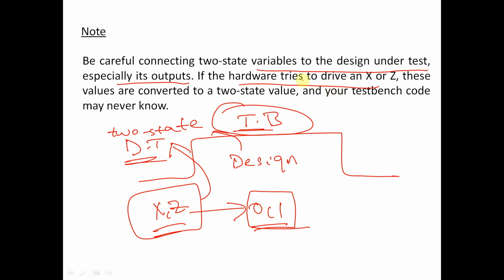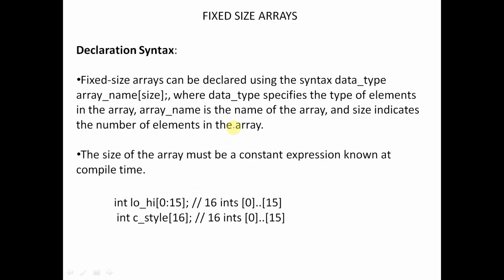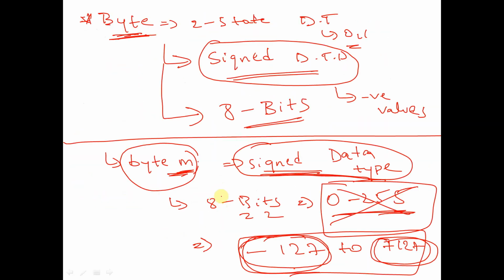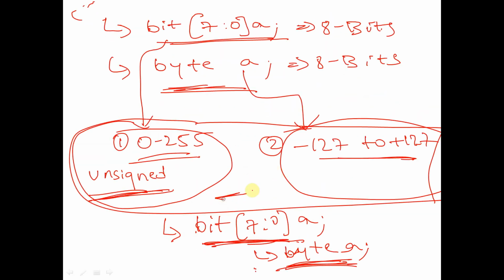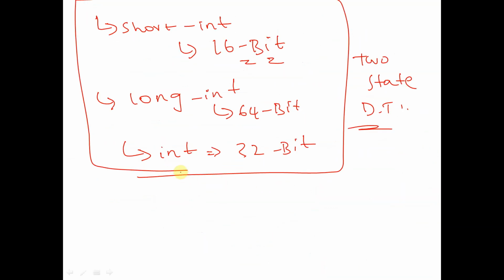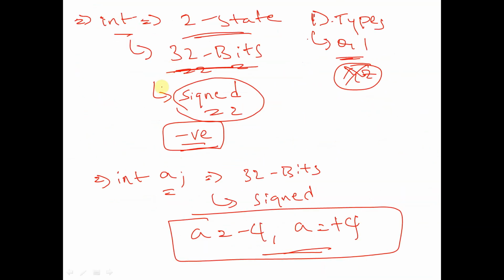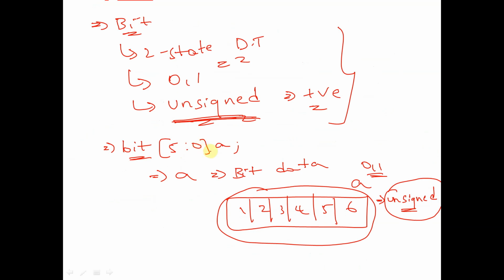So we should be careful when we are collecting outputs from our design into these two-state data types. So these are about the two-state data types in SystemVerilog. Remember these points, remember the difference between bit and byte, and do remember whether a particular data type is signed or unsigned.